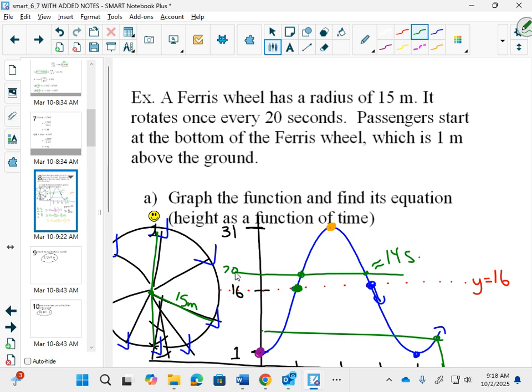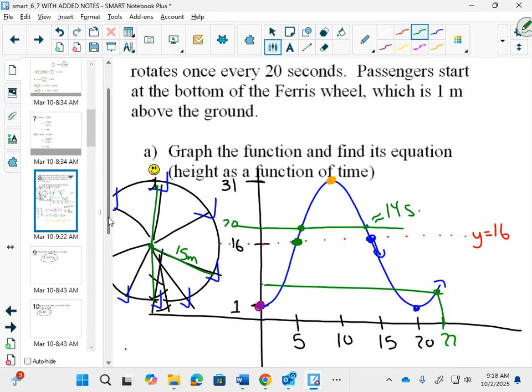Without a calculator, can you tell me what that is approximately? How can we use what we know about sine and cosine graphs to do this without a calculator? There's a lot of symmetry in sine and cosine graphs. That's why your reference angles work. That's why you have the CAST rule and stuff like that.